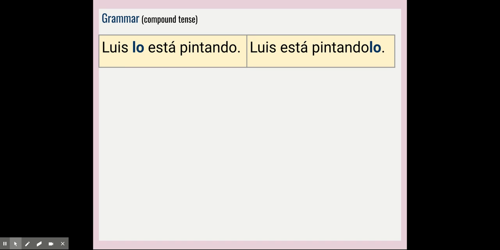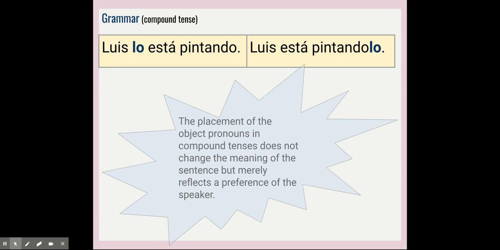Luis lo está pintando, Luis está pintándolo. The placement of the object pronouns in compound tenses does not change the meaning of the sentence, but merely reflects a preference of the speaker.